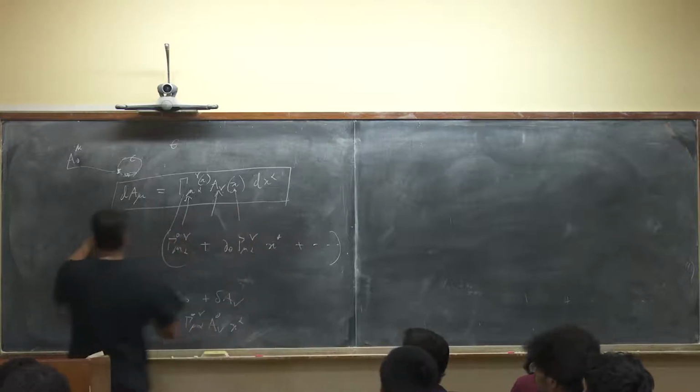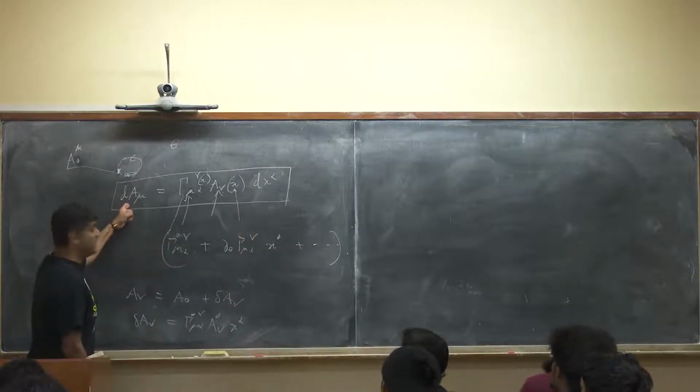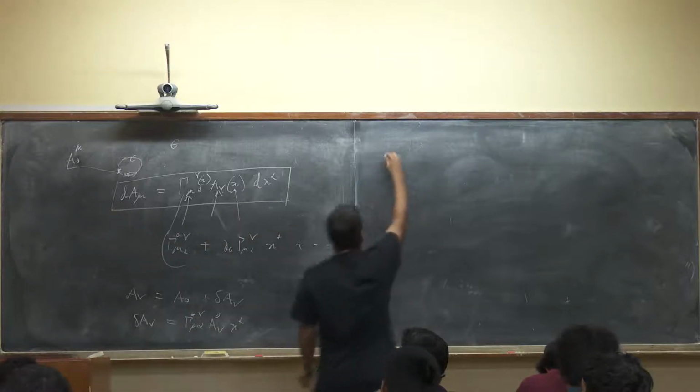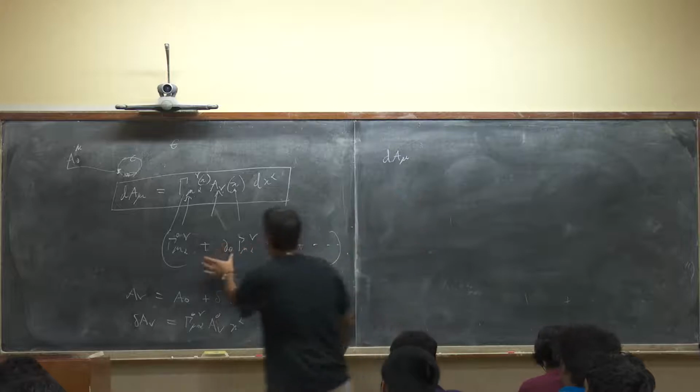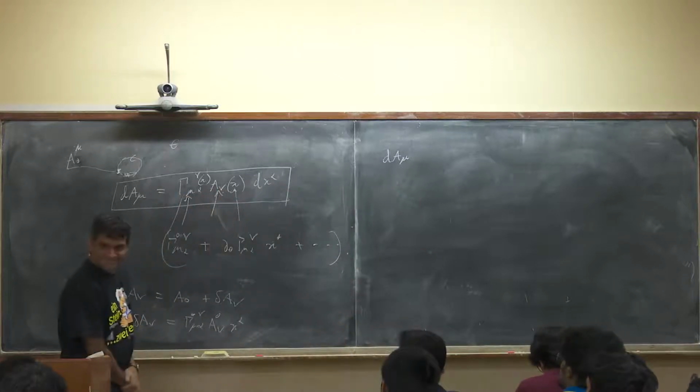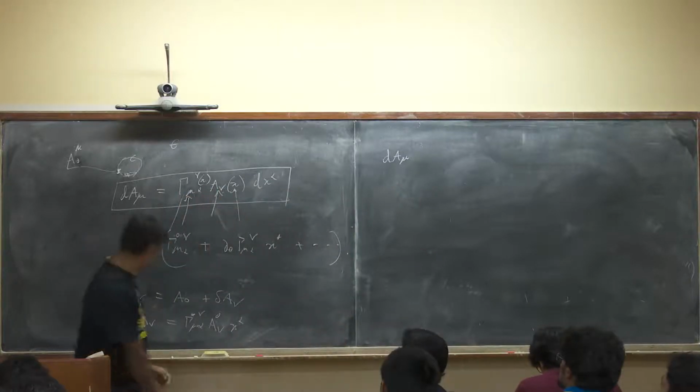Okay. So to work to the order that we're interested in, the equation of interest is delta A mu is equal to, and then we just plug these two guys in this form. Okay.